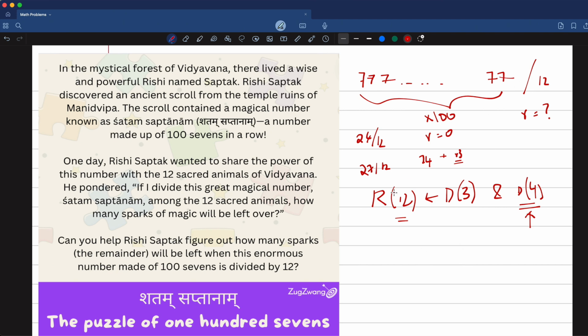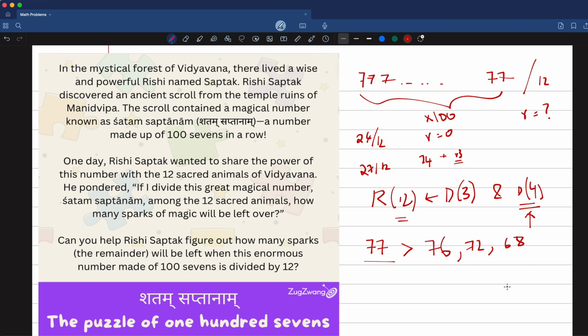The last 2 digits in the Shatam Saptanam are nothing but 77. Now obviously 77 is not a multiple of 4. So what are the numbers less than 77 that are multiples of 4? The answer is 76, 72, 68.